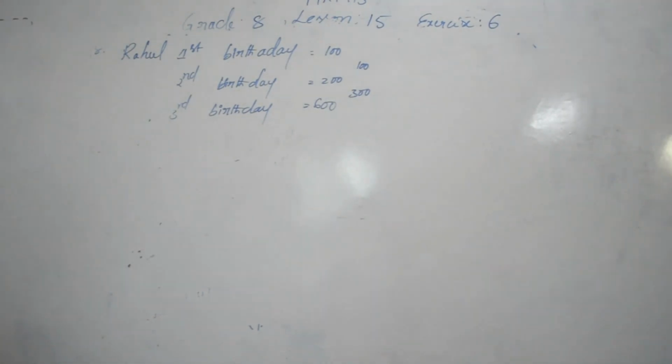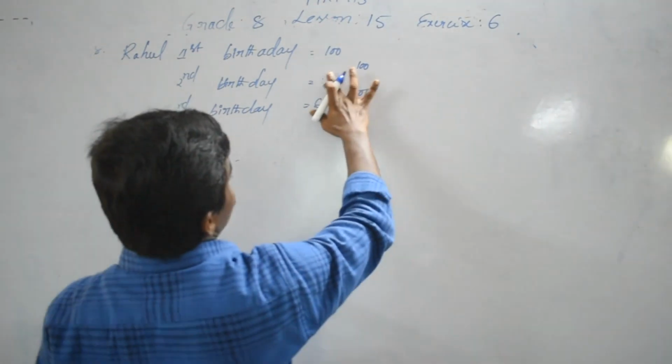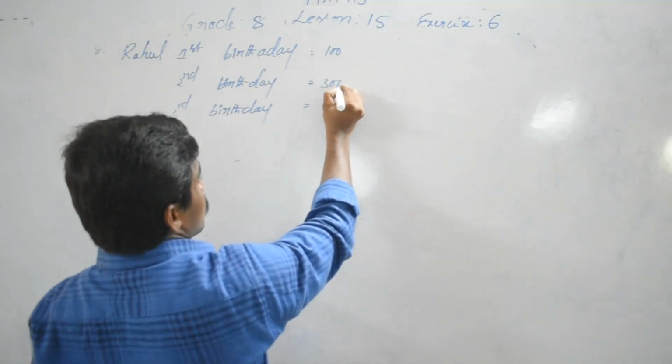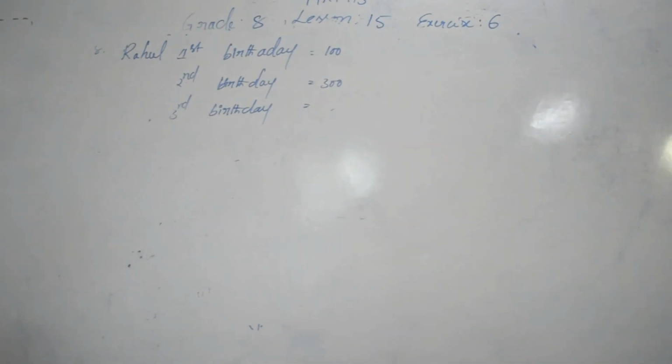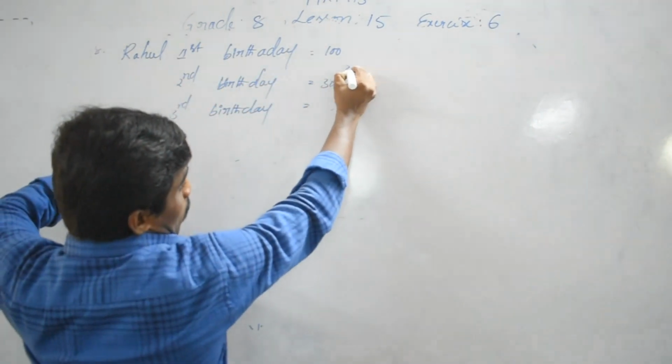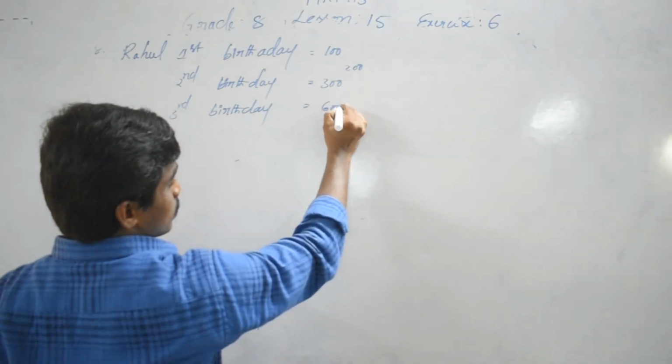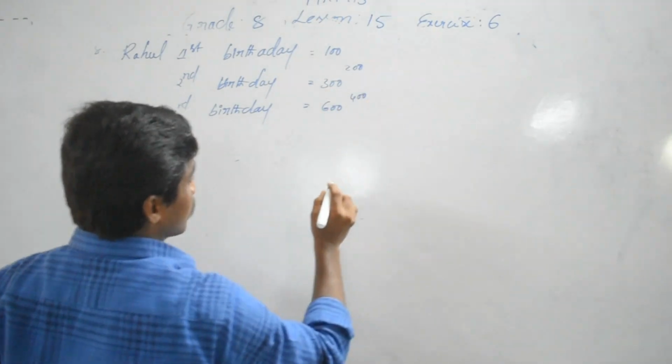Second birthday 300, third birthday. So here 100, here extra 200 added. So third birthday 600, here extra 300 added.